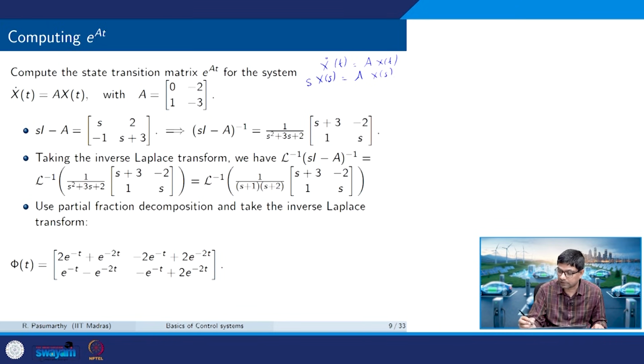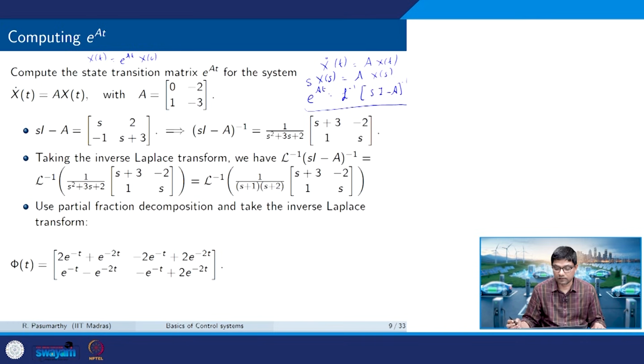So e power at is the inverse Laplace of (sI minus A) inverse. My solution for a differential equation of this form will be x of t is e power at x naught, and in the Laplace domain I can compute the e power at in this way.